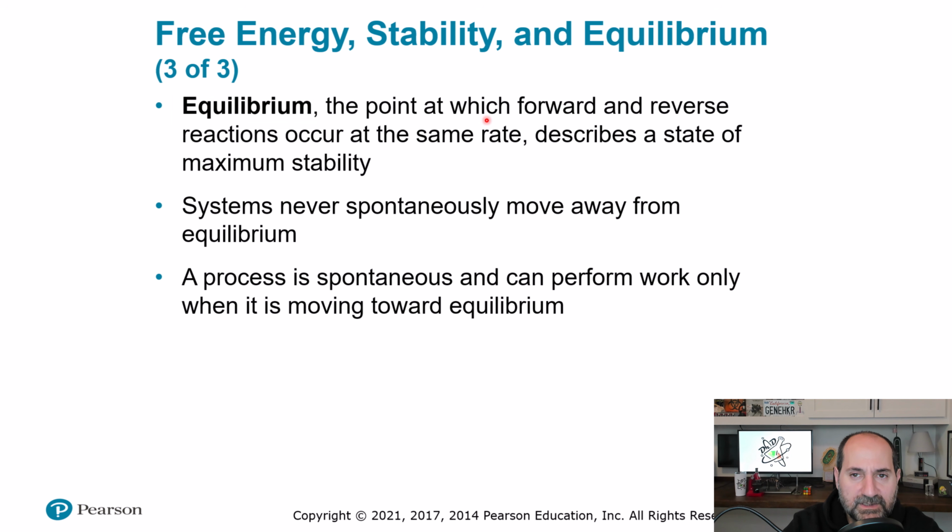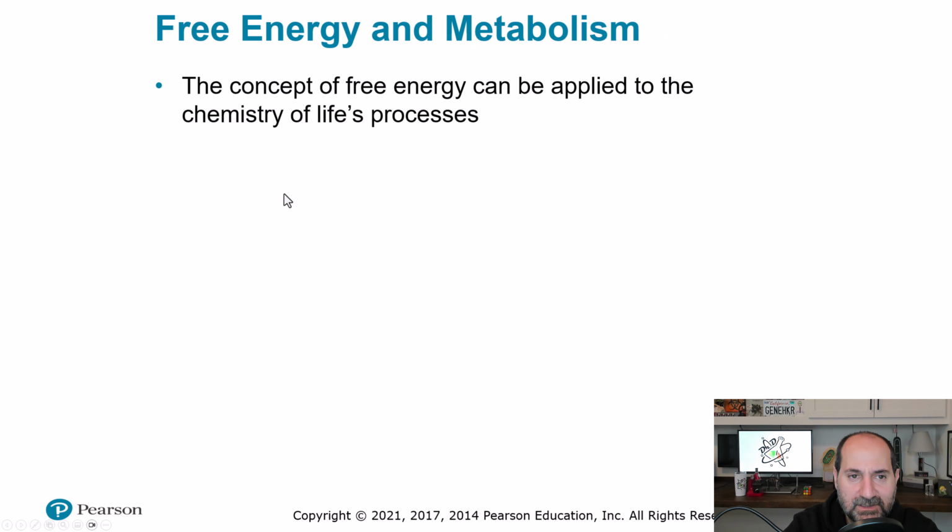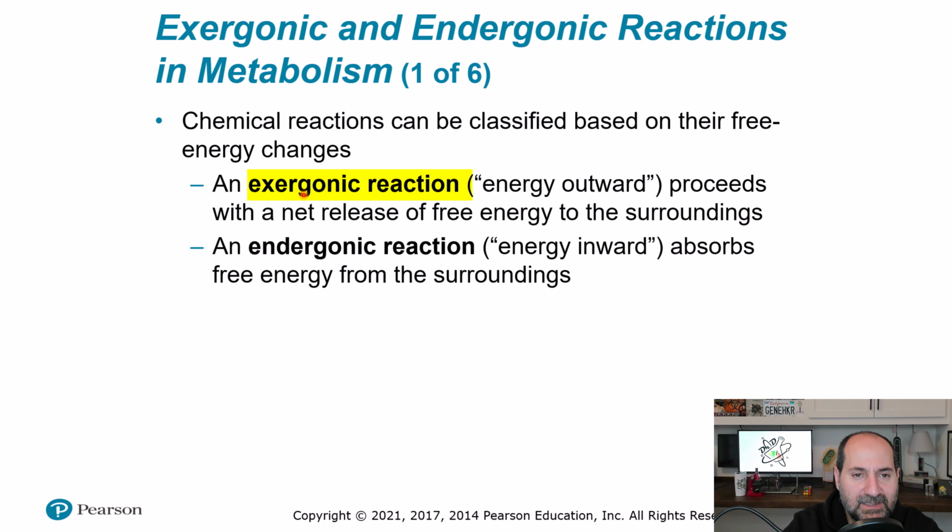This is the point at which the forward and reverse reactions occur at the same rate and describes a state of maximum stability. Remember that exergonic is another term for negative delta G or spontaneous reaction, while endergonic is another term for positive delta G or non-spontaneous reaction.